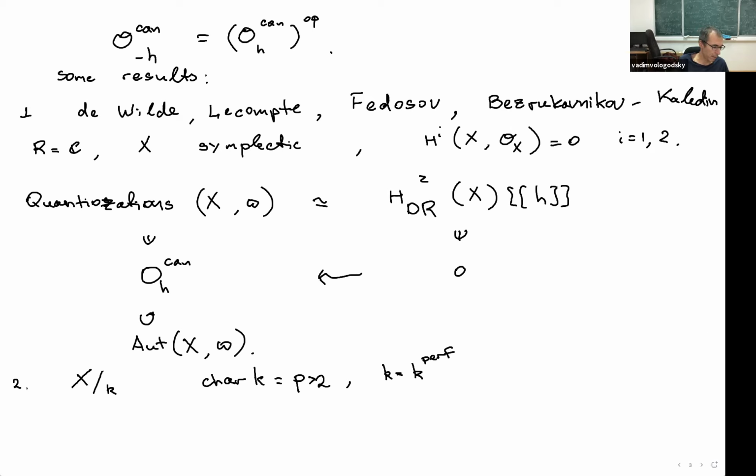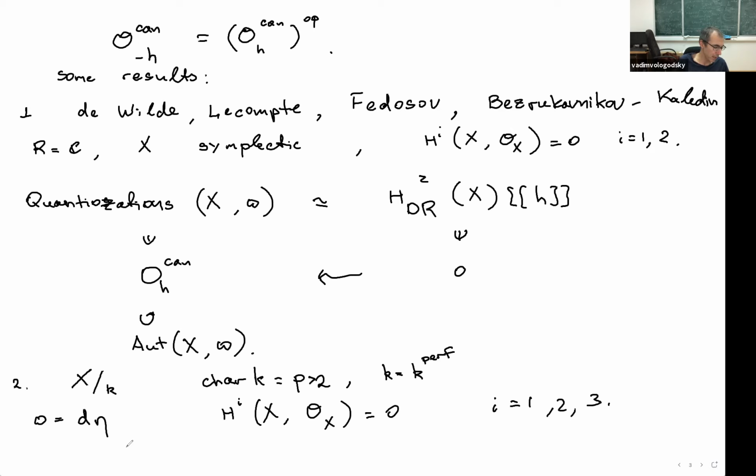And here I will assume that the symplectic form omega is actually exact. Well, that's not the most general case where the construction works, but still you need at least local exactness, local for the Zariski topology. And also I will assume vanishing of certain cohomology groups of the structure sheaf, where i is 1, 2, or 3.